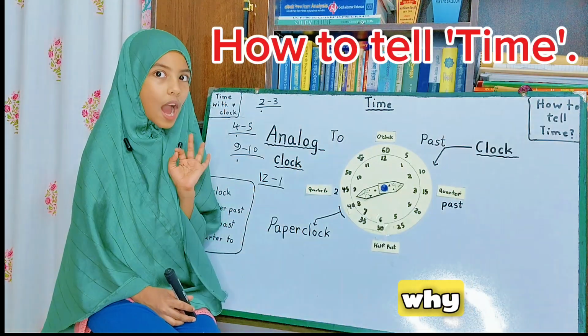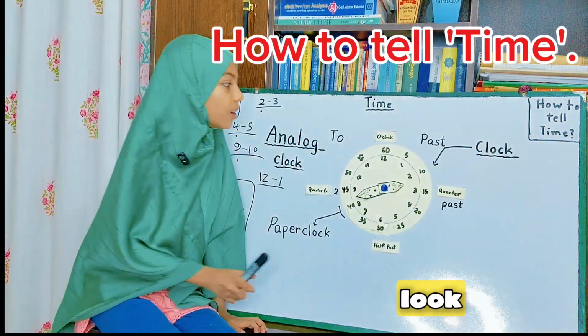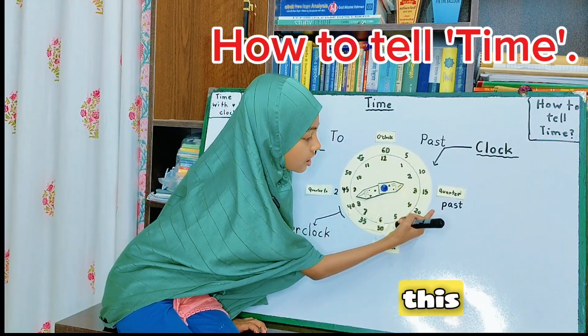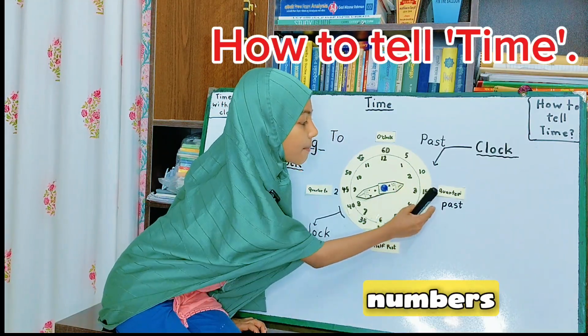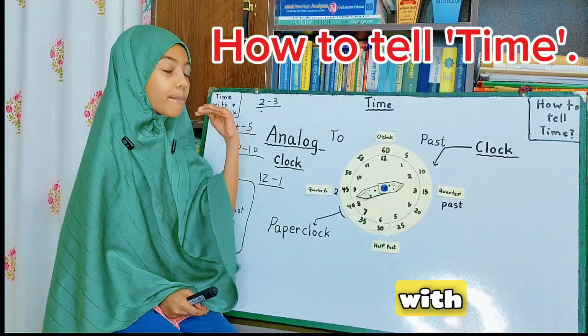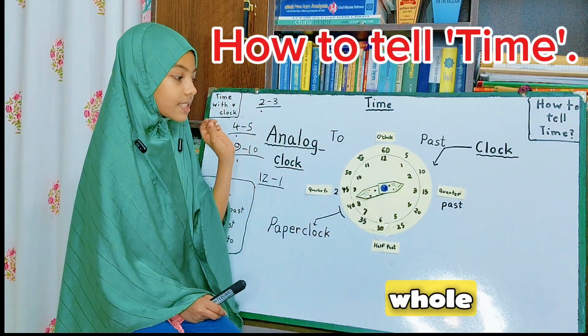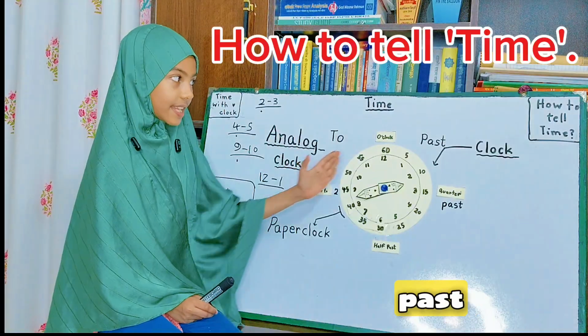But do you know why? Because look, from 1 to 6, the special numbers end with past. So from 1 to 6, the whole 6 numbers are called past.